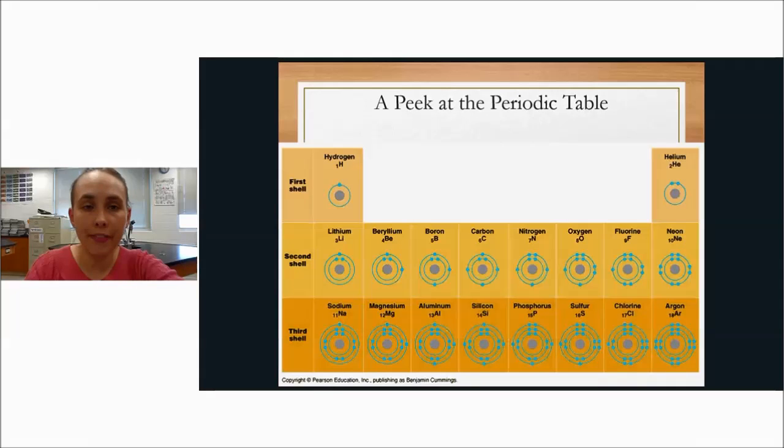So if you look here at the periodic table, you have hydrogen and helium, and then on the second shelf lithium through neon, the third shelf, sodium through argon.